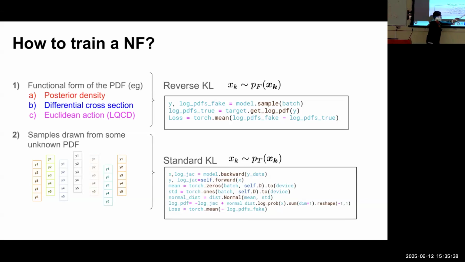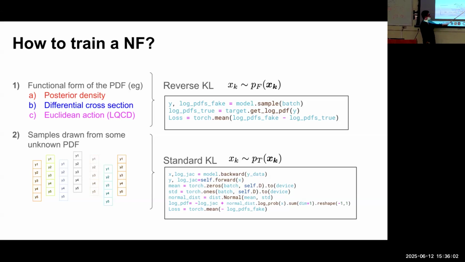For training the normalizing flow on samples, that's a little bit trickier. What you have to do first is take the data that you have and feed it into the backward model so that you can go back all the way to the Gaussian initial point. So you have to do the inverse transform.